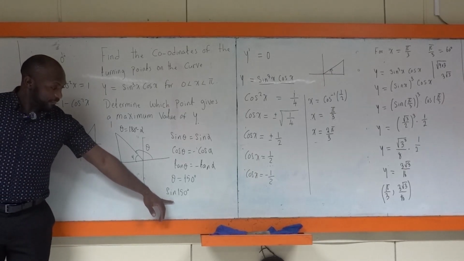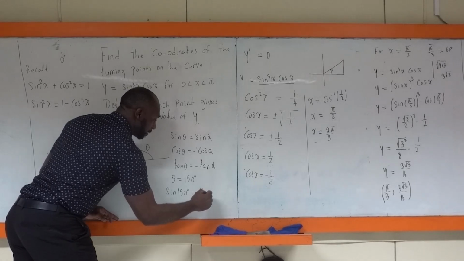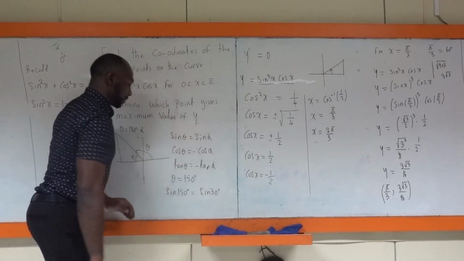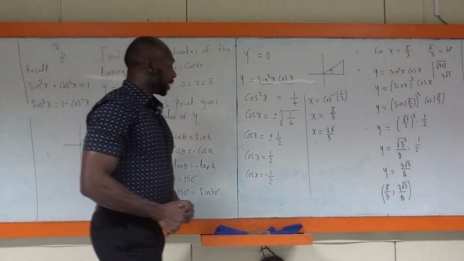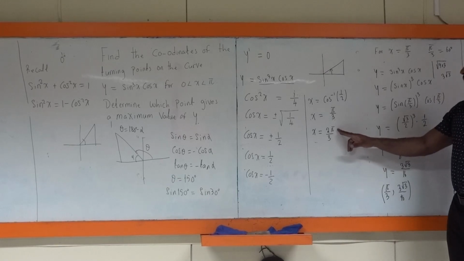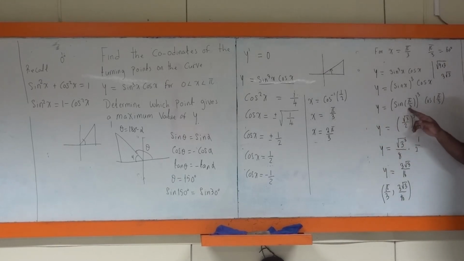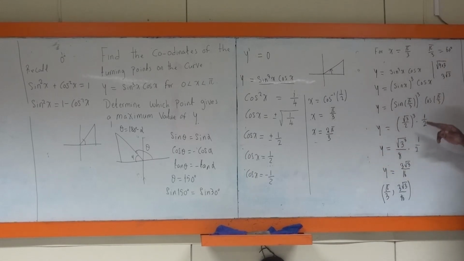So sine of 150 degrees is just the same as sine of 30 degrees, and it's the same for all the other ratios. So it means that sine of 2 pi over 3 is just the same as sine of pi over 3.